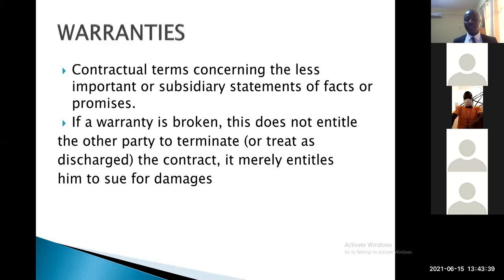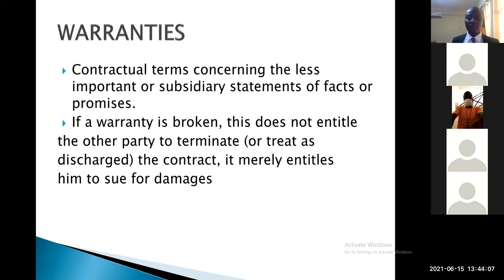And because they're of lesser importance, in the event of their breach, the innocent party cannot treat the contract as having come to an end. The innocent party will have to continue to observe the contract, except that because there has been a breach, he will be entitled to bring a suit to recover damages.